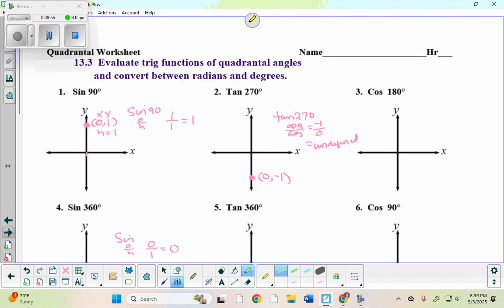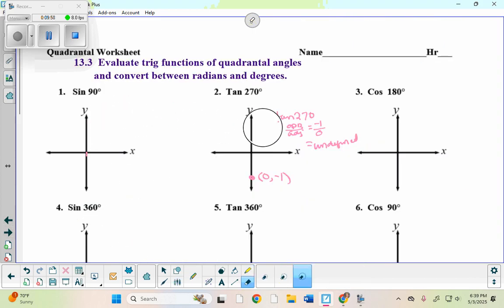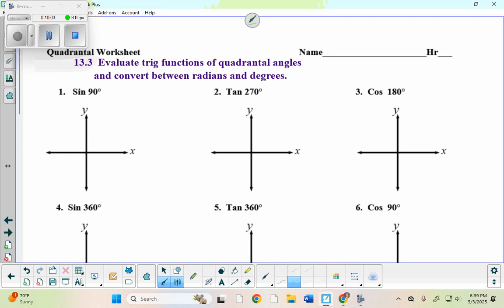So let's go to your worksheet here and work out a few of these problems. So again, you want to remember that sine of theta is y over h. Cosine of theta is x over h. And tangent of theta is y over x. So if you have to find the sine of 90, put a dot at 90 degrees and write down the point that it would be on the unit circle. So you would go over 0, up 1.